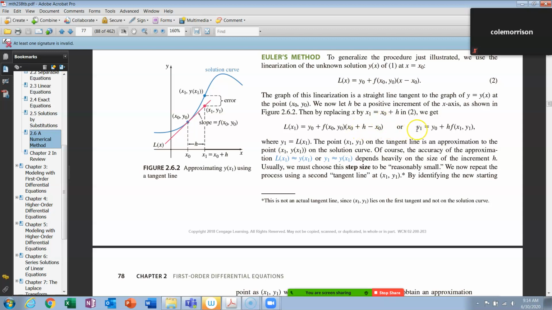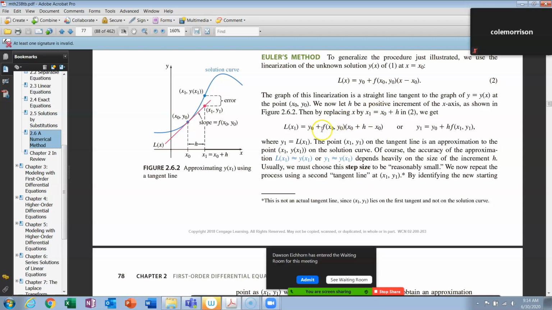So your y1 is then simply y0 plus your step size times the slope at the point x0, y0. Now remember what we did. We picked an x1, 2.1 say. We plugged that in here.